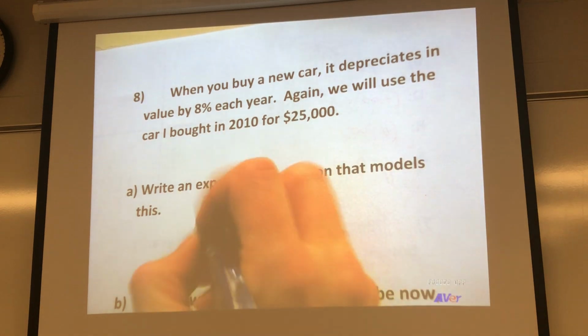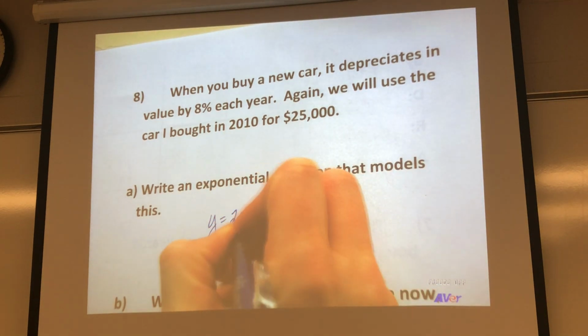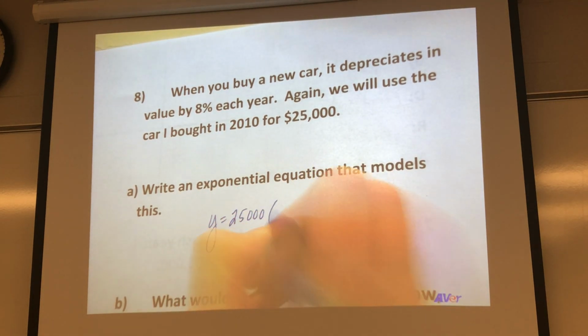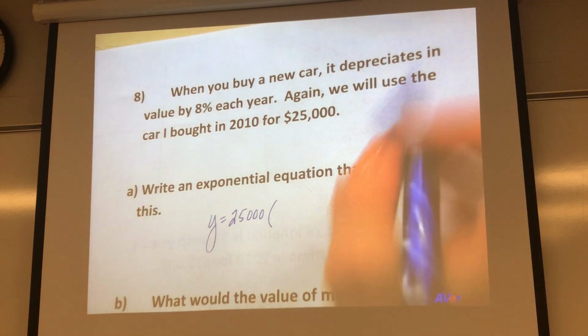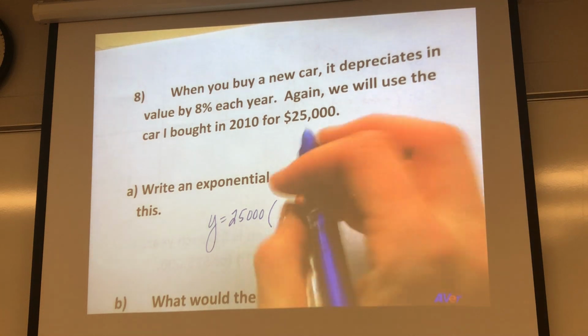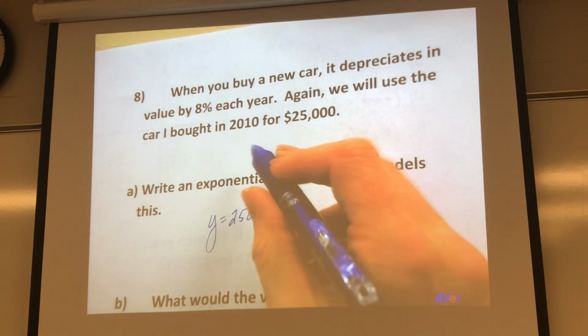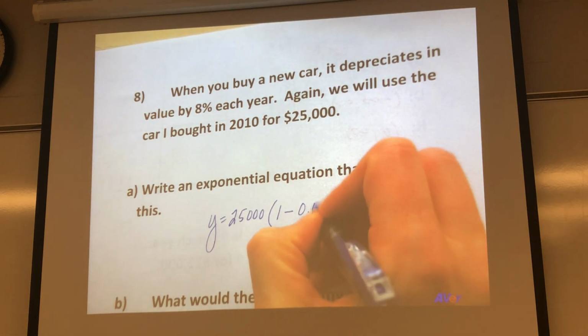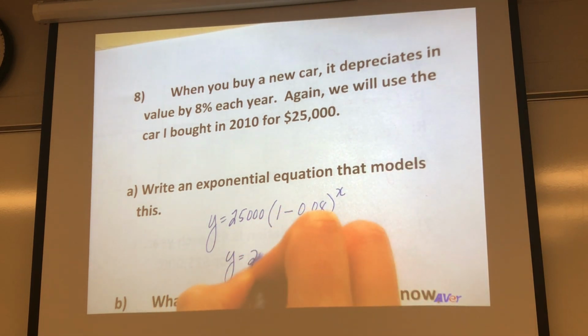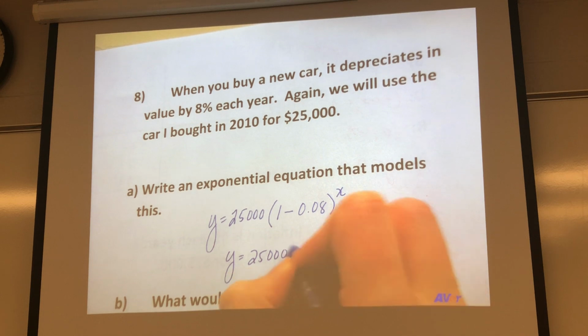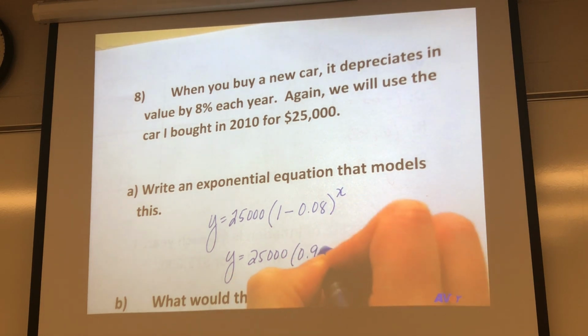So the starting amount is $25,000. This problem is talking about my specific car, what it's worth, and since it's depreciating, it's going down. So we're going to take 1 minus the rate, 1 minus 0.08 to the x. We will simplify that. So we have y equals 25,000 times 0.92 to the x.